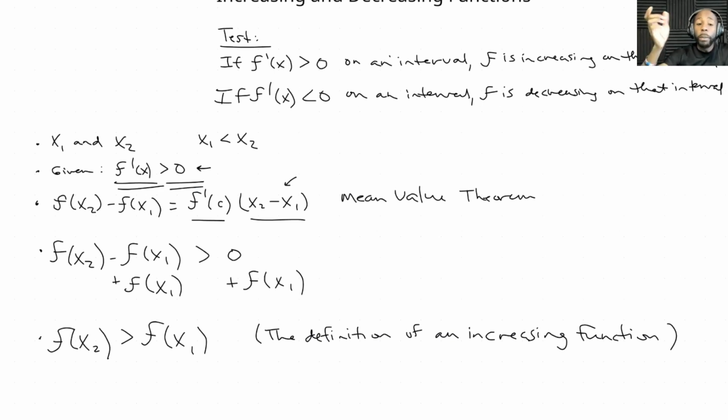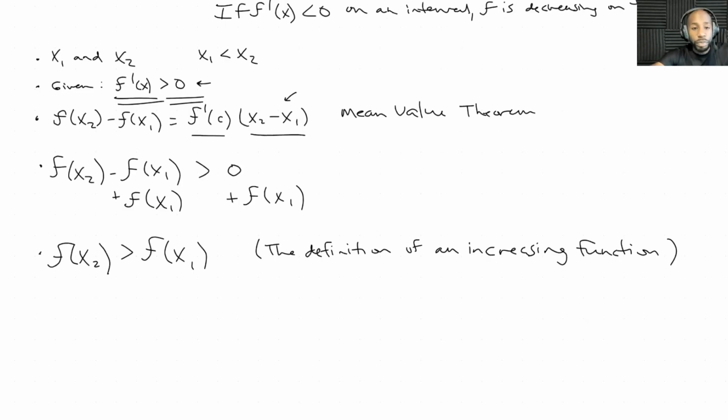Okay. And you can prove that a function is decreasing as well when the derivative is less than zero. So when the derivative is less than zero, of course, x2 minus x1 is still going to be less than x2.